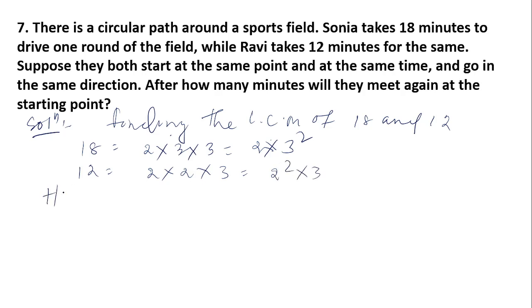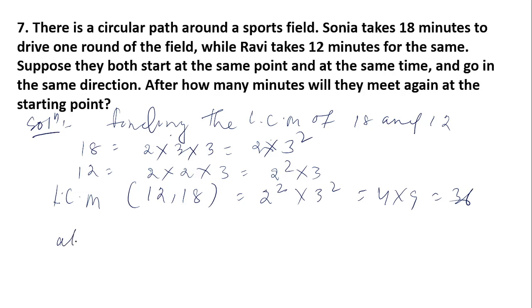So we need to find the LCM. LCM of 12 and 18 is equal to 2 to the power 2 into 3 to the power 2, that is 4 into 9, which is equal to 36. So after 36 minutes, they will meet again.